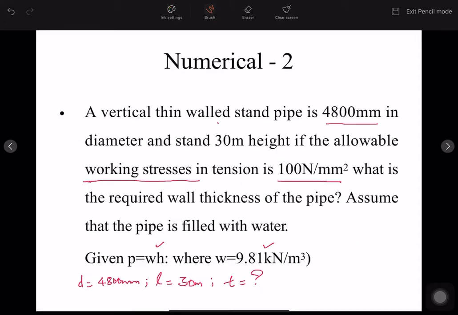Here he has mentioned allowable working stress, or it can be written as allowable safe stress. So again, sigma H or sigma L, which one is 100 here? It should be sigma H. So sigma H equals 100 Newton per mm square.